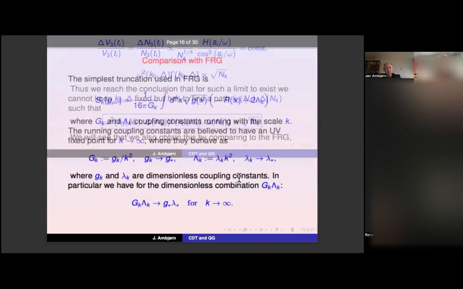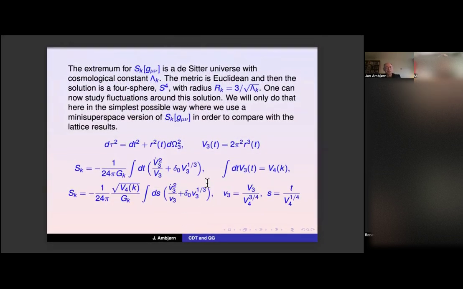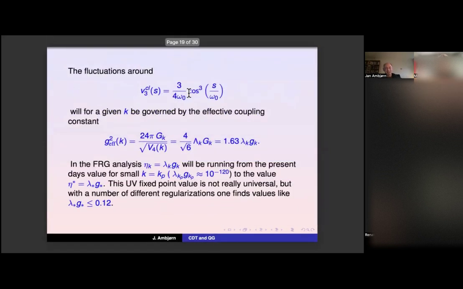And they just come from having a four-sphere of volume 1. Because this is the solution, of course. When we solve the classical equation, we get exactly the standard four-sphere, where S is now the four-sphere of radius 1, of volume 1, where S is the proper time measured from the equator of this four-sphere.